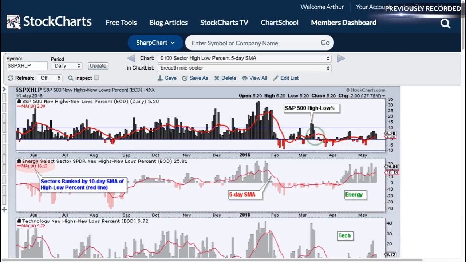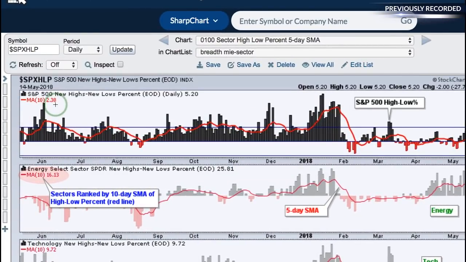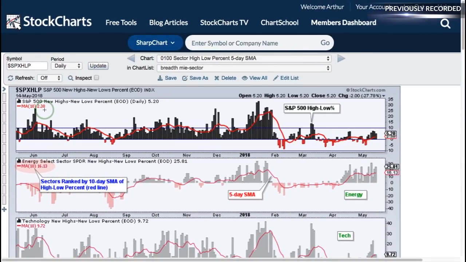And there happen to be 10 trading days in May so far, so this 10-day average reflects the average of high-low percent for May. And you can see the value over there in the upper left-hand corner, 2.38% for the S&P 500. So anything above that is going to be showing relative strength as far as high-low percent is concerned. Anything below it's going to be showing relative weakness as far as high-low percent is concerned.